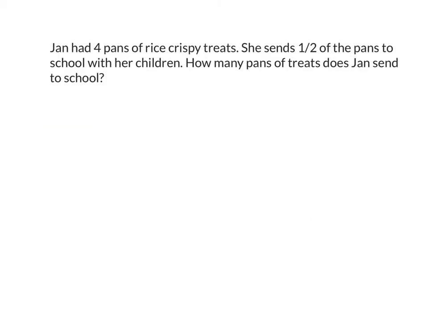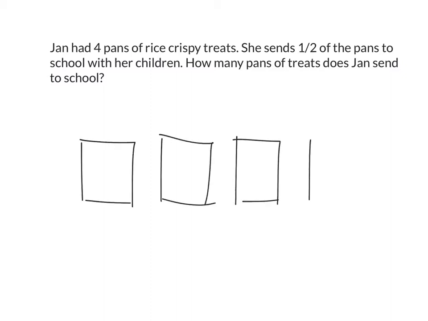Today we're going to learn how to multiply unit fractions by other unit fractions, again, fractions that all have numerators of 1, but we're going to see how we can use pictures to do it. So in this example, it says Jan had 4 pans of Rice Krispie treats. She sends half of those pans to school with her children. How many pans of treats does Jan send to school? Well, if we have 4 pans of Rice Krispie treats, we can see that half of them is exactly 2 pans.